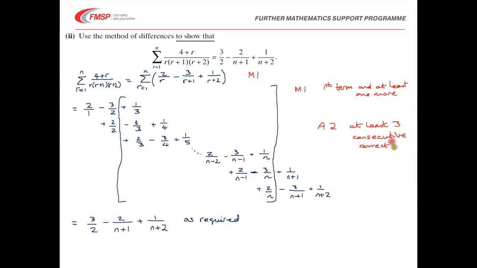Somewhere in there. A method mark for attempting to cancel, at which point you must have some algebraic terms, and another accuracy mark for the whole thing being convincing.